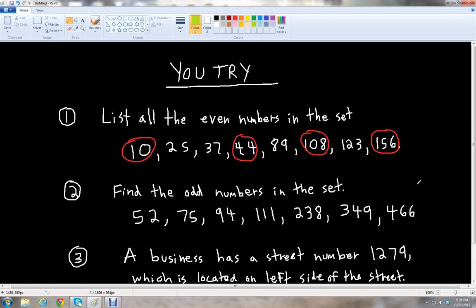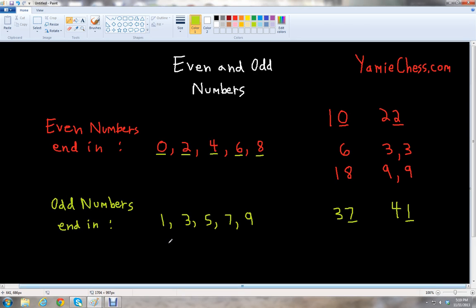Okay, so problem 2, we want to find the odd numbers in the set: 52, 75, 94, 111, 238, 349, 466. The odd numbers are numbers that end in 1, 3, 5, 7, and 9.